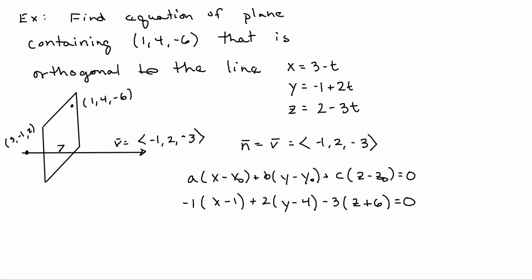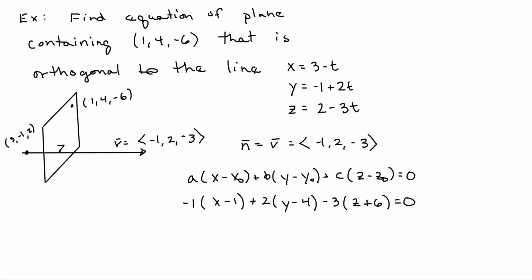Okay, so those are the basics for defining lines and planes. So I'm going to create a second video that has more difficult problems involving lines and planes, where we've got to go through and use some of the information we've learned in previous sections, such as the cross product, to define lines and planes.